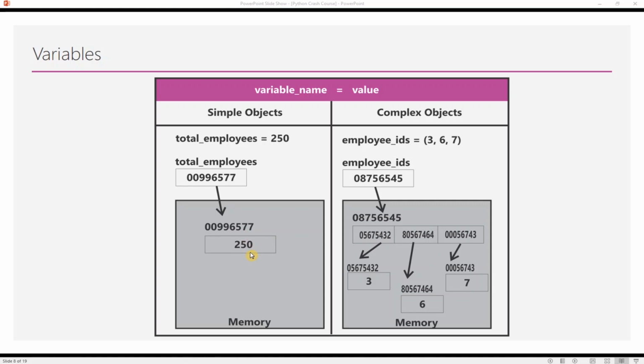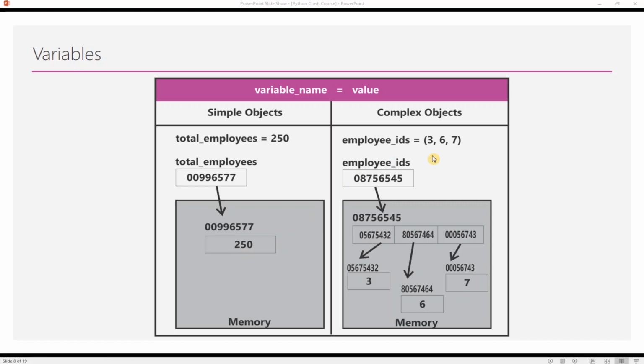Further, I demonstrate the fact that the variable name actually keeps a reference to the memory address instead of holding the actual value. In other words, the variable total_employees points to the memory address where the value 250 is physically stored.